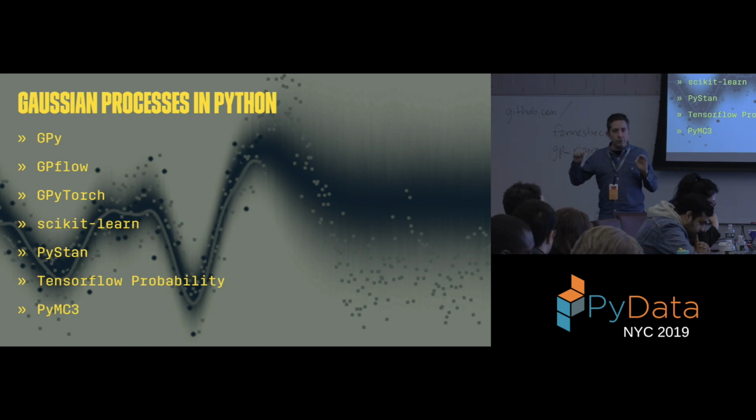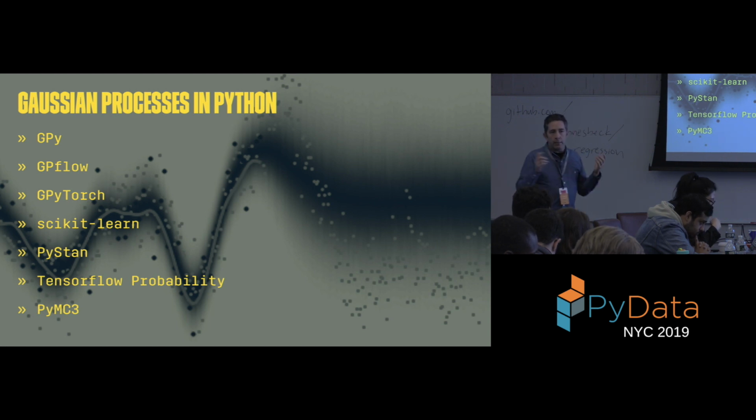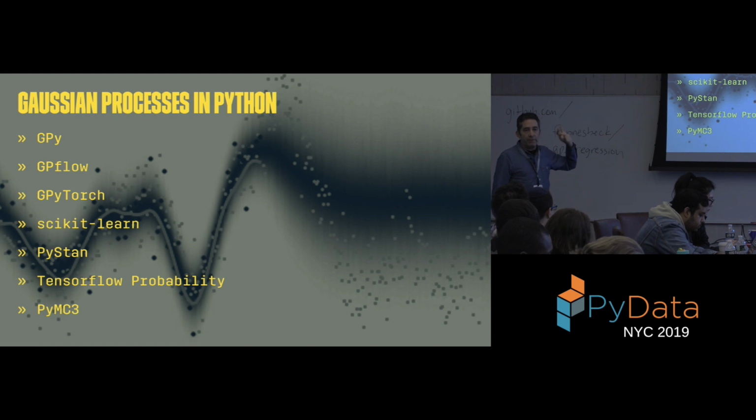You just say a Gaussian process. We'll see how we do it in PyMC, but in scikit-learn, it's just a class like random forest or something. The other ones, GPy, GPflow, GPyTorch, are sort of in the middle. You have to kind of write classes, which some people like to do and others do not. So you have a wide range of approaches.